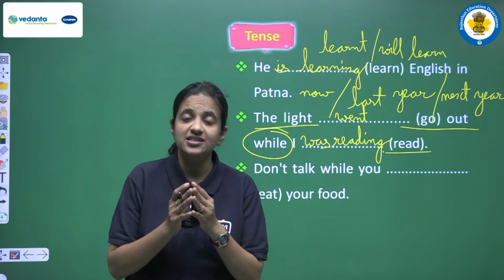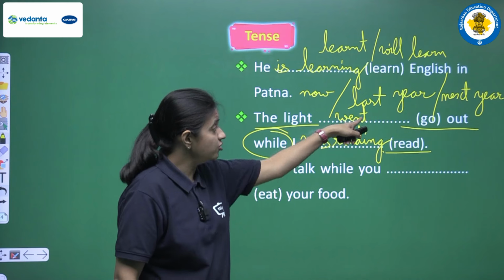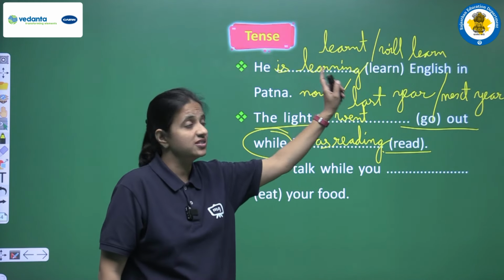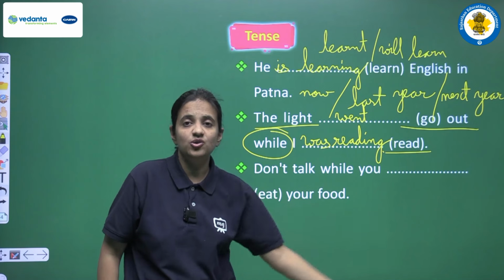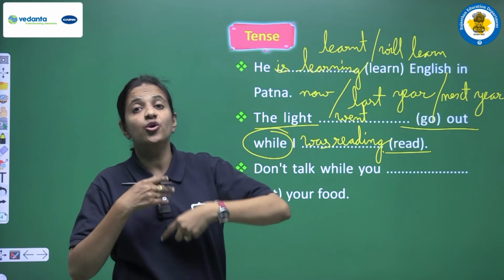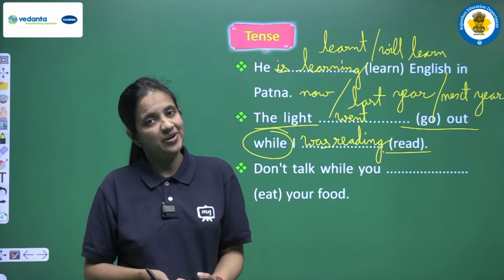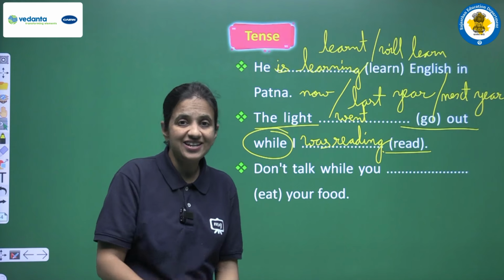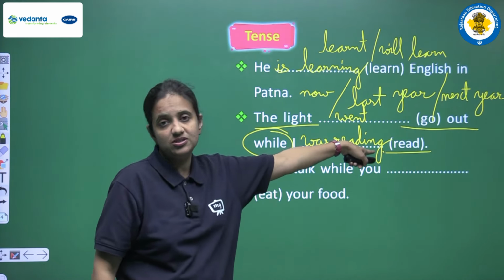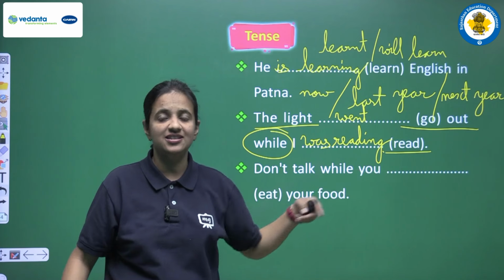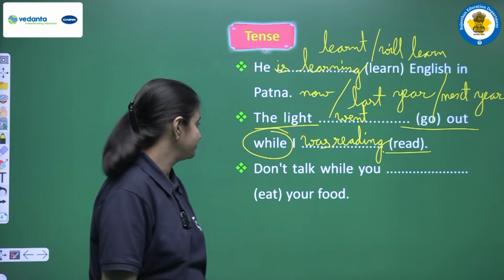Try to recognize the correct tense. We cannot use continuous tense here, because this action, the light going out, was not the action that was going on continuously. No, it happened only once. So this is the reason that we are using past simple here, and after while we are using past continuous. That is the structure, right?